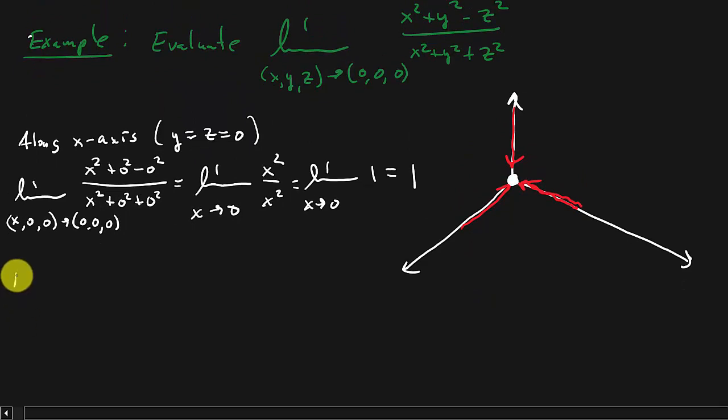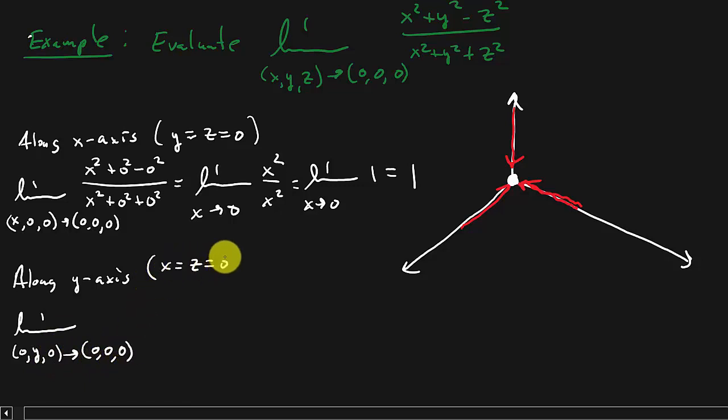All right, and then what about along the y-axis? All right, so here's our rational function there. So that's going to be the limit 0, y, 0 goes to 0, 0, 0. Because remember, here along the y-axis, x and z are both 0. All right.